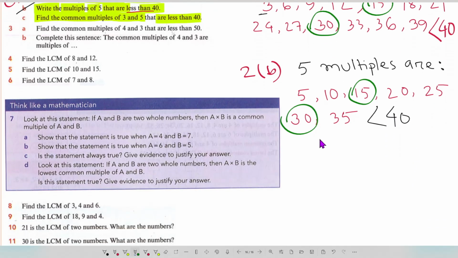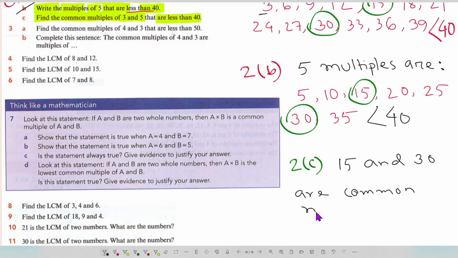So number 2C, find the common multiples of 3 and 5 that are less than 40. So 15 and 30 are common numbers which are less than 40.